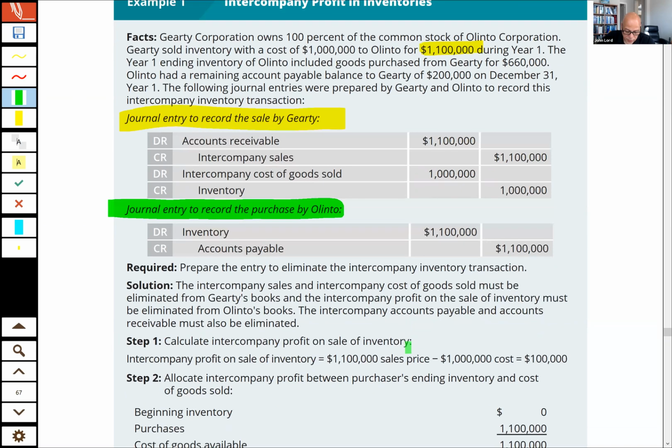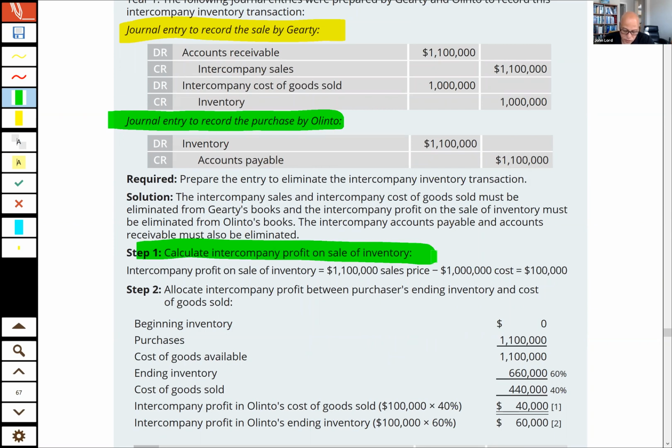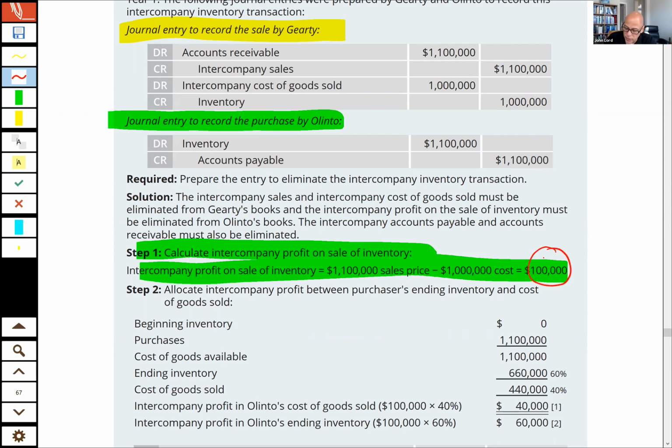Now, they tell me to go through some steps, and the first step is to calculate the intercompany profit. Intercompany profit here is the $100,000, right? It's what it was sold to Olinto for minus Garrity's cost. That gives us $100,000 of intercompany profit.